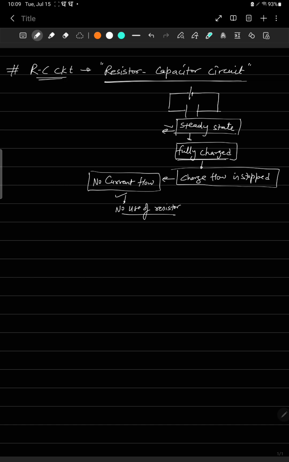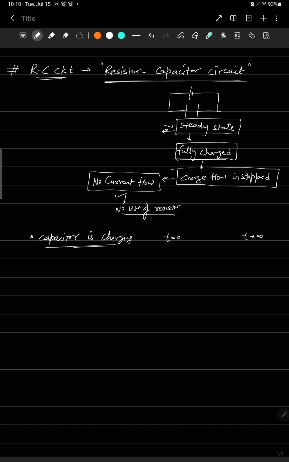In this phase the capacitor is charging, and there's a charge flow continuously. This phase exists between t equal to 0 when the switch is open and t tends to infinity when the capacitor is at steady state.